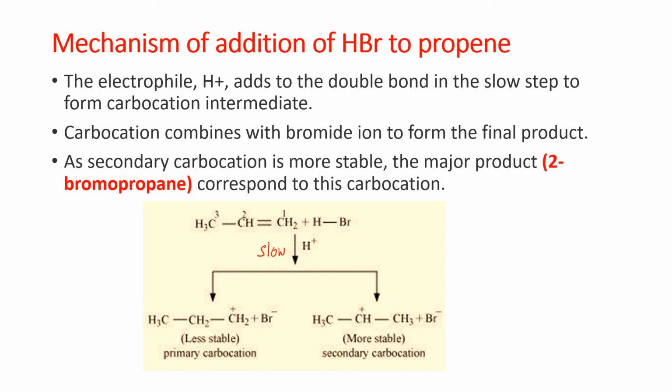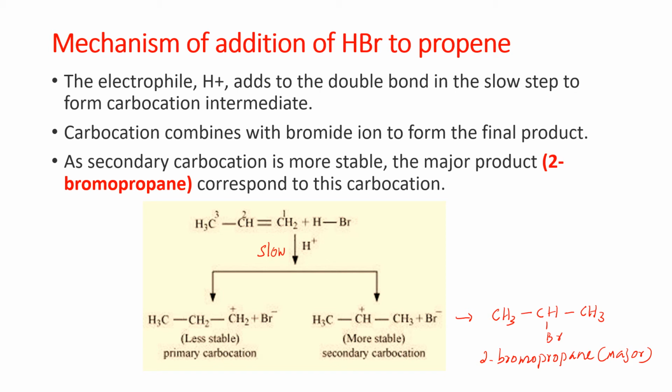And in the second step, Br- gets added to this carbocation, and we get the final product, that is CH3CHBrCH3. That is 2-bromopropane. And that is the major product, or that is the Markovnikov product.